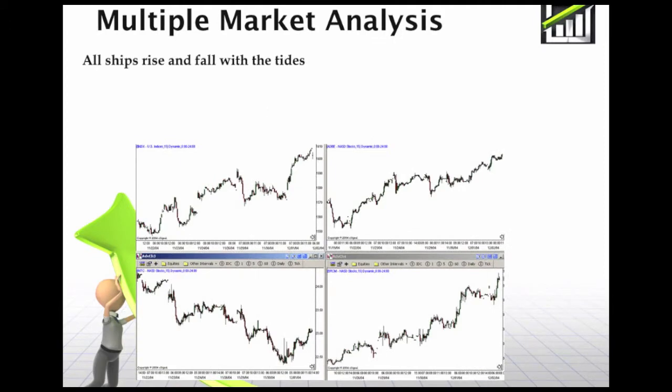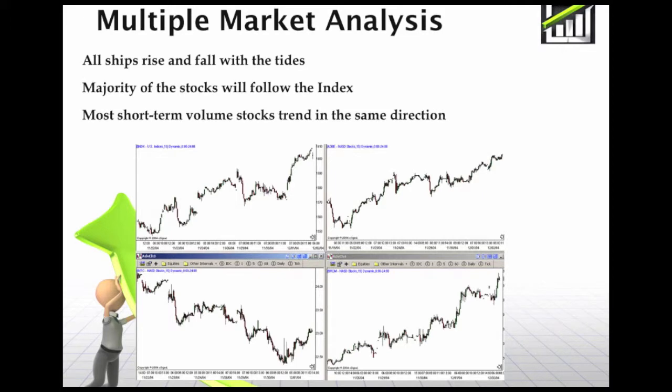So one of the other things we look at is that all ships rise and fall with the tide. So the majority of stocks will follow their indexes. If you look in the top left corner, you can see that there's an index and it's overall in a general uptrend. And then you'll notice that two of the stocks within the same area of the market will also be in an uptrend, but not all of them will be.